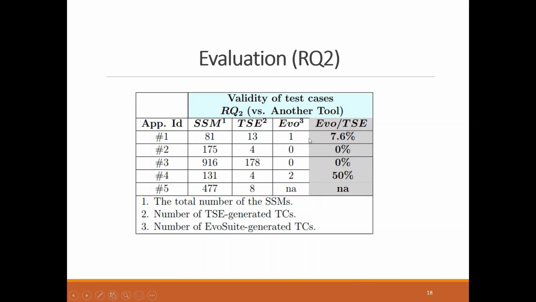But for the remaining ones, among all the test cases, TSC generated 13 for structurally similar methods, and EvoSuite generated 1. The generated test case ratio was 7.6%, it was 0% for 2 applications, and for 1 application it was 50%.